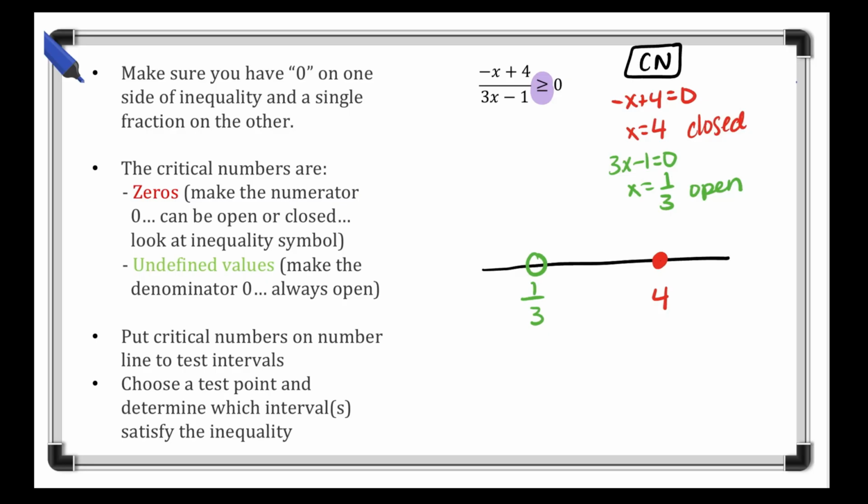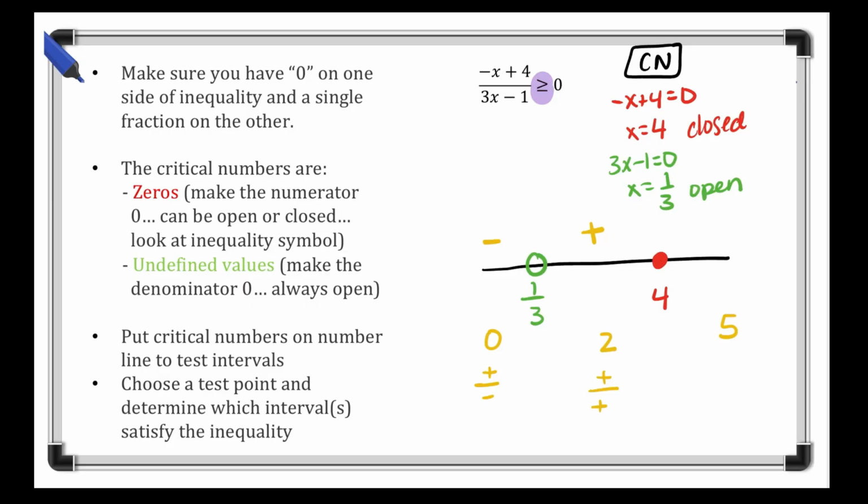So now let's find some values. We could try 0, 2, and then 5. So when you plug those values in, you're going to get a positive divided by a negative, which is a negative. You're going to get a positive divided by 6 minus 1 is a positive, so another positive.